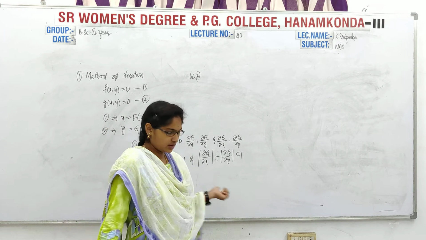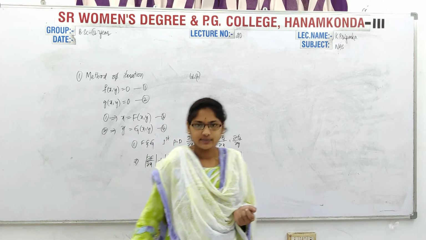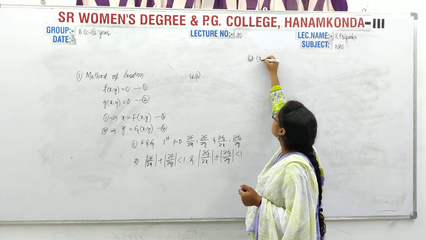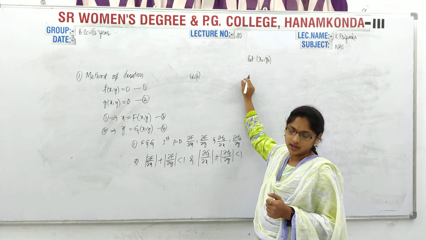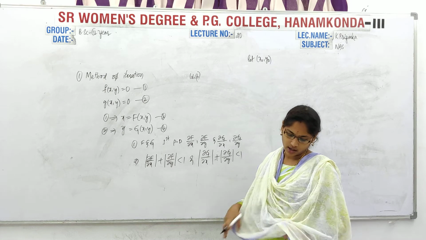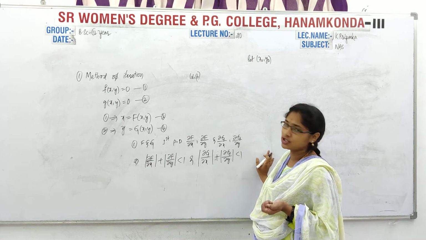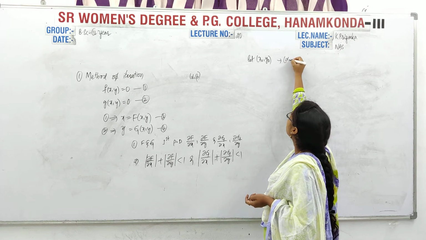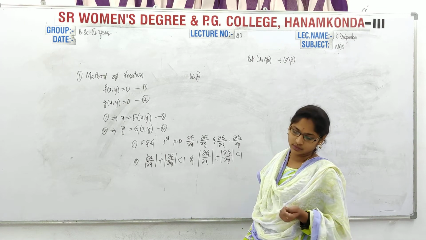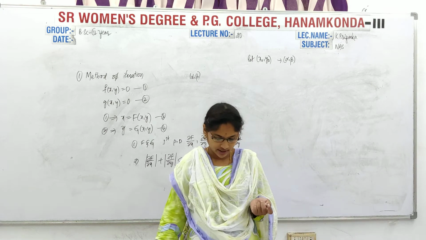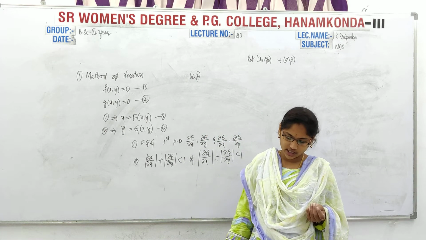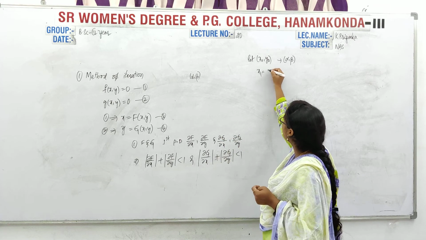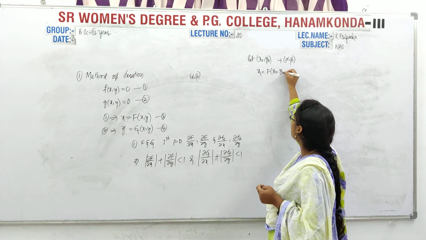Let x naught comma y naught be the initial approximation to the root alpha comma beta such that the sequence is x1 equal to f of x0 comma y0.